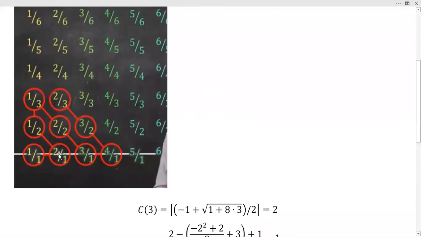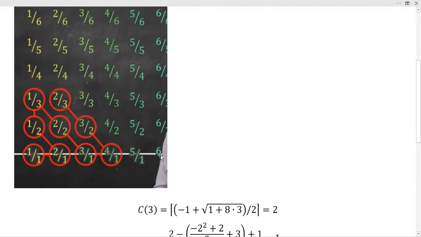1, 2, 3, 4, 5, 6, 7, 8, 9. Now you keep going up. 9, 10, 11, 12, 13, 14, 15, 16. That's really 6 over 0 right there.